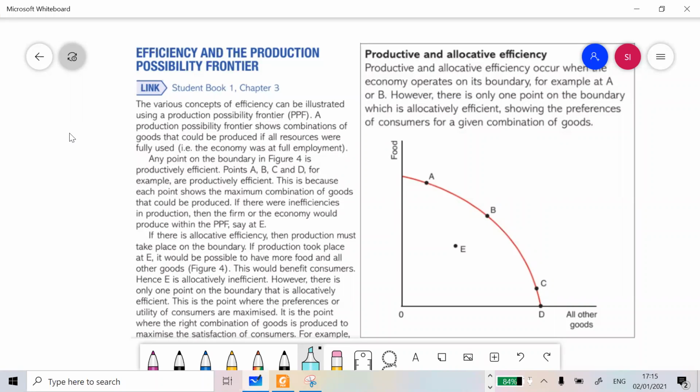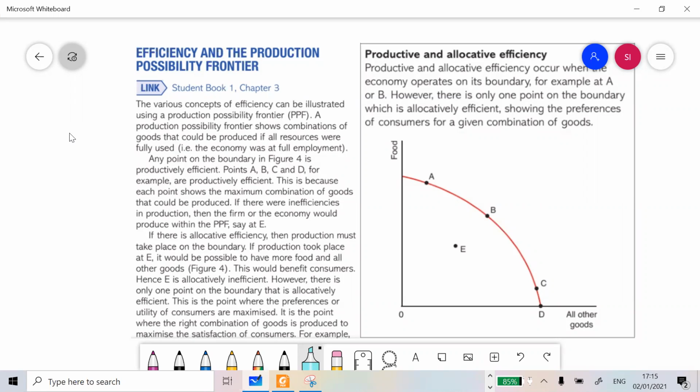Efficiency and the production possibility frontier, or we call it the production possibility curve. The various concepts of efficiency can be illustrated using a production possibility frontier. A production possibility frontier shows combinations of goods that can be produced if all resources were fully utilized.